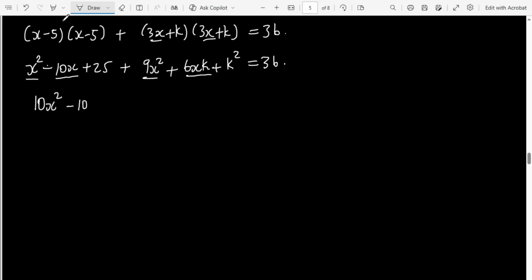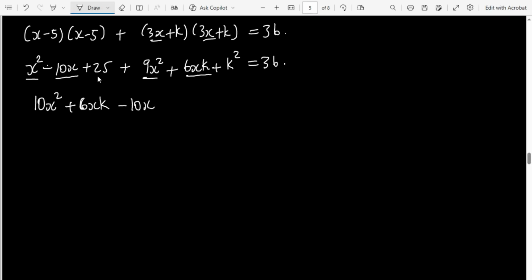Let's start with the 6xk because it's the one that is positive. So I'm grouping this now: plus 6xk, minus 10x. This will make sense now. Why am I grouping the two? I'll definitely explain that.